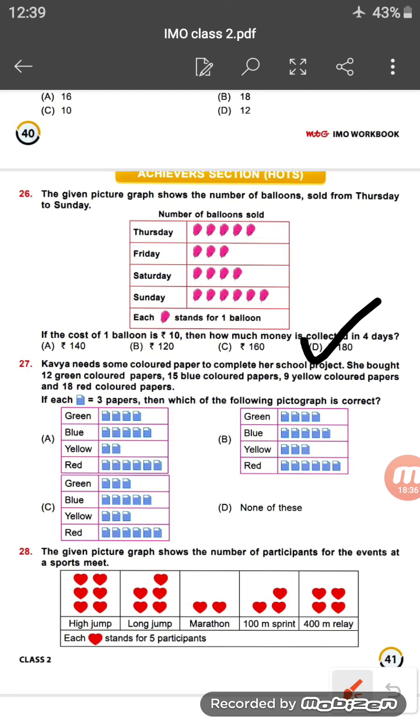It is a tricky question, so don't be afraid. You have to see, and the option will be option B.